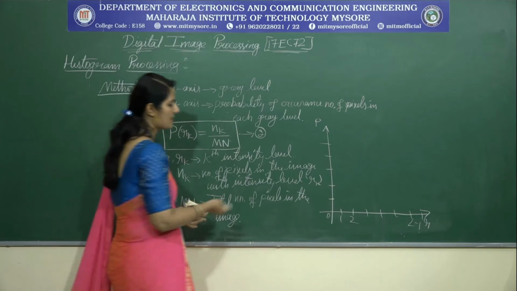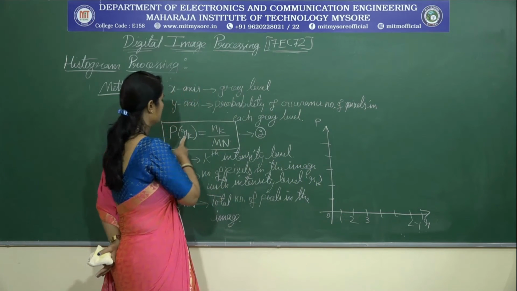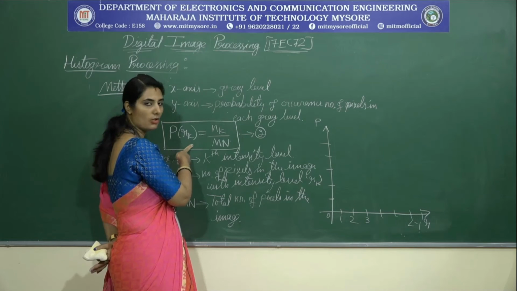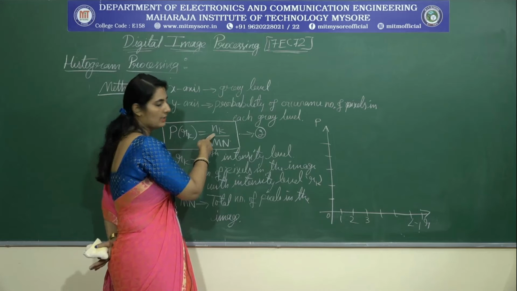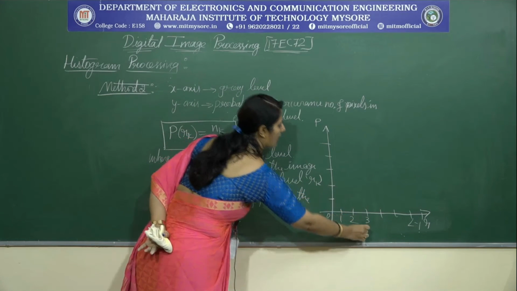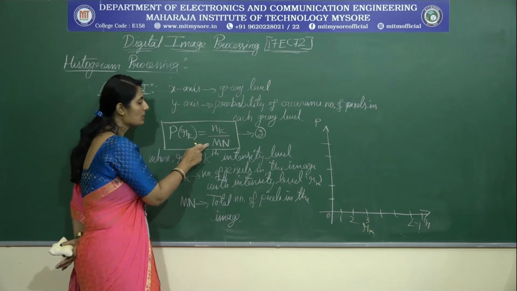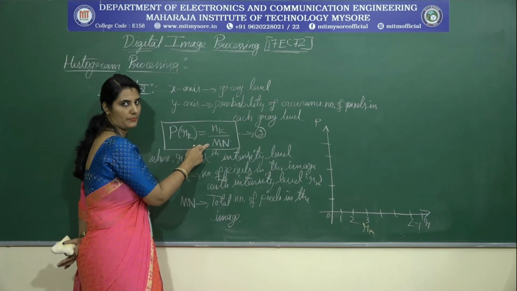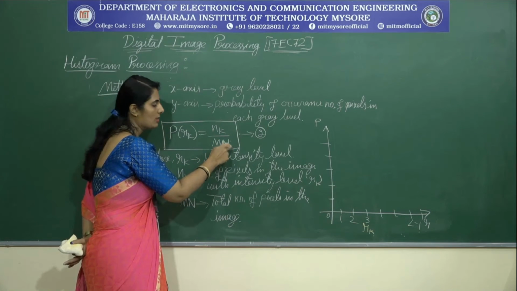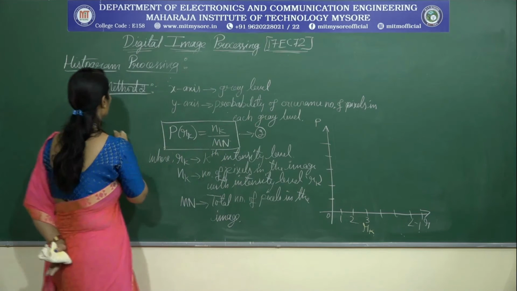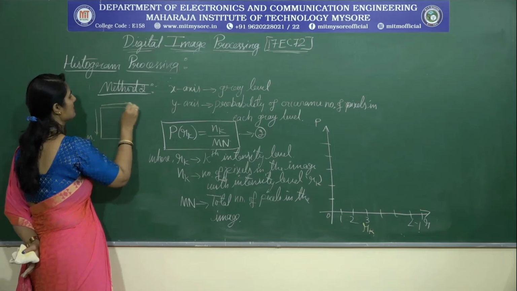Okay, suppose I consider Rk as 3. To find the probability of occurrence of this, first we need to find the number of pixels having the intensity Rk, divided by the total number of pixels in the image. Here M is the number of rows and N is the number of columns, and the total is the product of rows and columns.